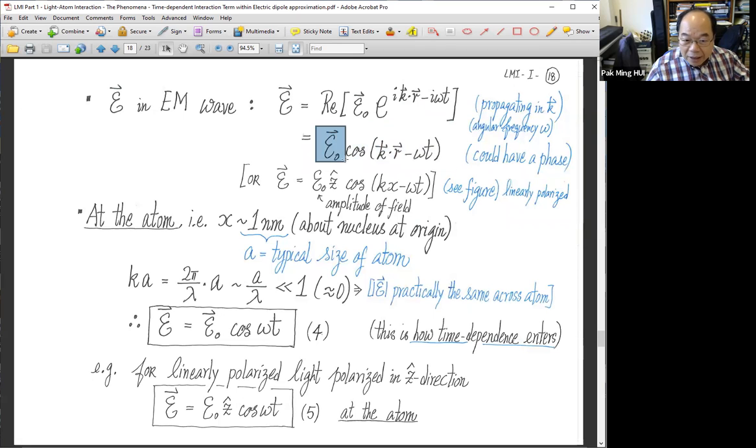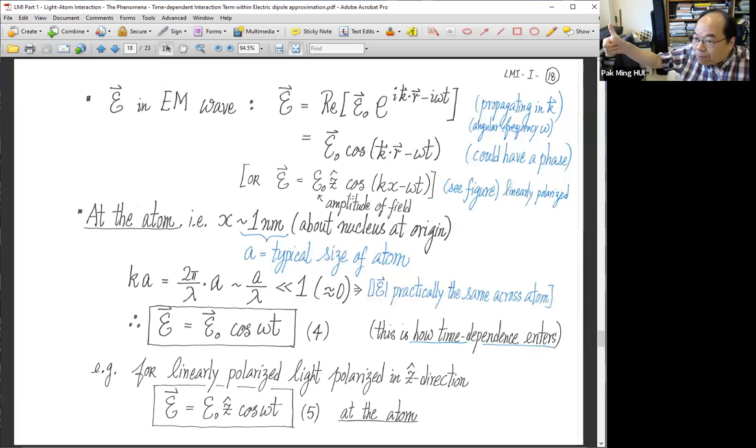This is a vector. It is telling us the polarization. Where does the E field point, right? So for example, we will use the simple case of linearly polarized light more often. In that case, let's say the E field is polarized in Z. What does it mean?